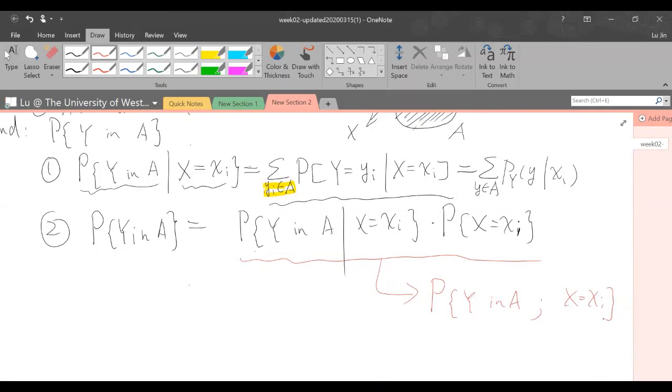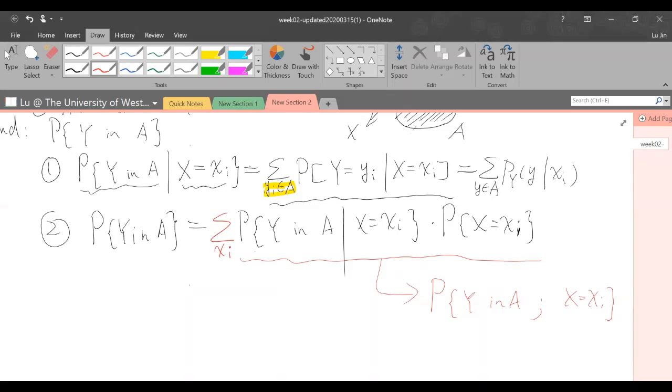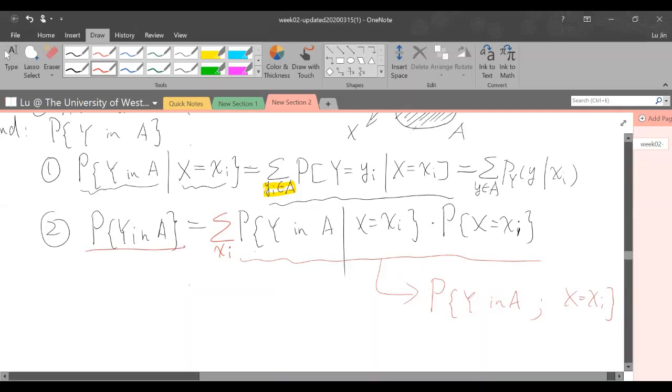So what you need to do in this case is to add a summation sign. Once the summation sign is added regarding all the xi values for the random variable x, we are going to go through all the possible values of x to add up such probabilities. The result is what we want.